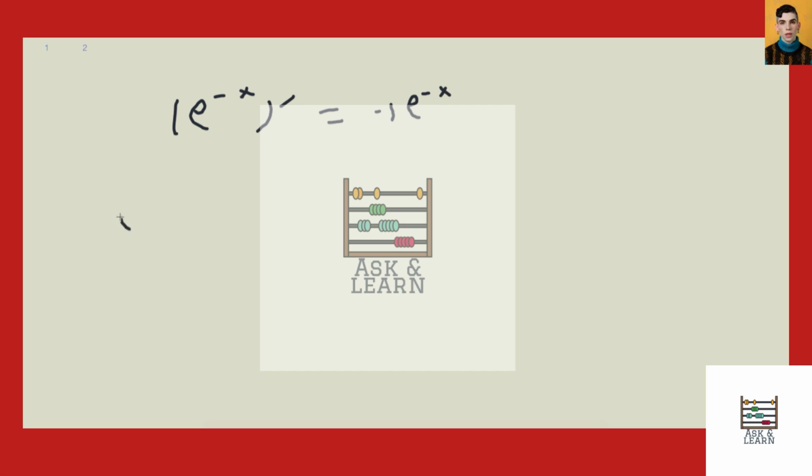So we have negative e to the negative c equals the average slope. But remember, we already calculated our average slope, which was e to the minus 2 minus 1 over 2.